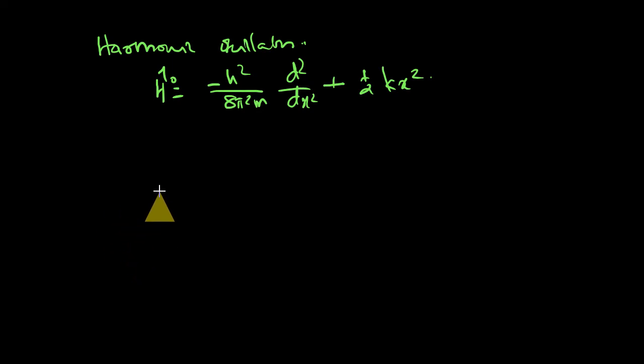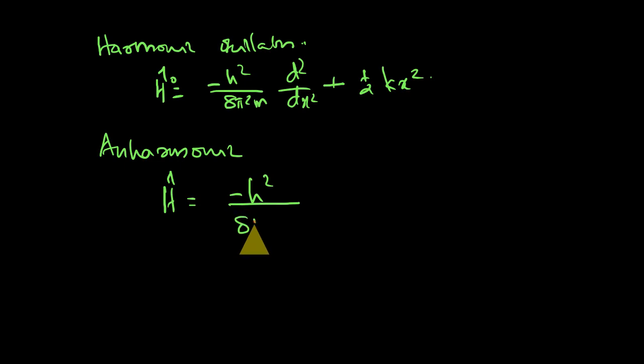And for an anharmonic oscillator, this Hamiltonian becomes h cap is equal to minus h square divided by 8 pi square m d square by dx square plus half kx square, plus some other terms also we are going to add.